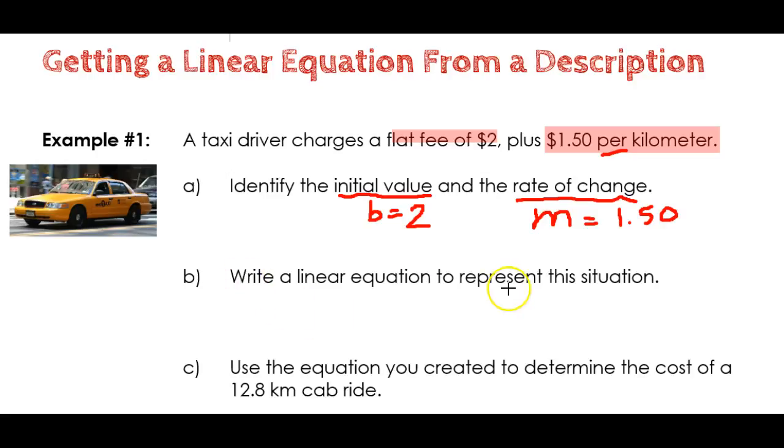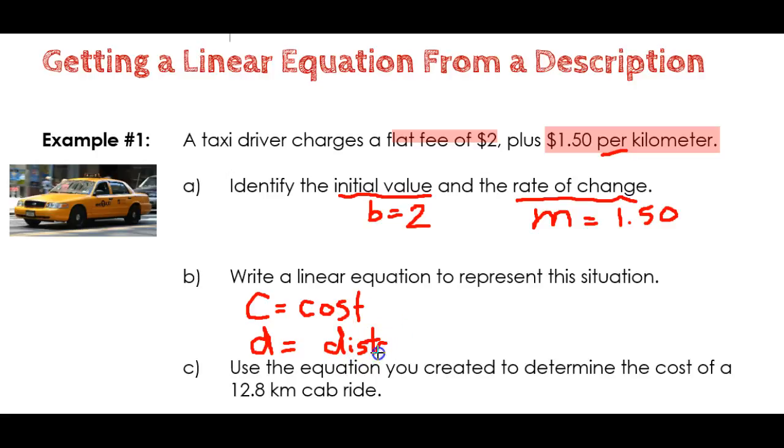Now, write a linear equation to represent this situation. And so I'm looking at the cost of a cab ride. So I'm going to say that C is the total cost. And I'm going to also say that my other variable is kilometers. I'm going to use the variable d in this case to represent the distance, right? But I could have chosen other variables that made sense in the situation.